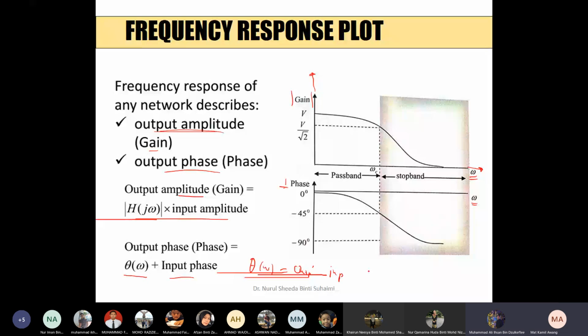So to get the output phase, it is basically the response phase plus the input phase. This is because H is equal to V out over V in. So if you want V out, you multiply V in by H.